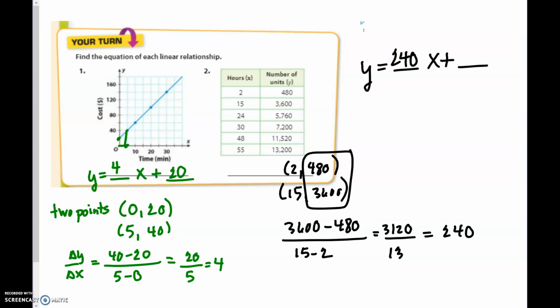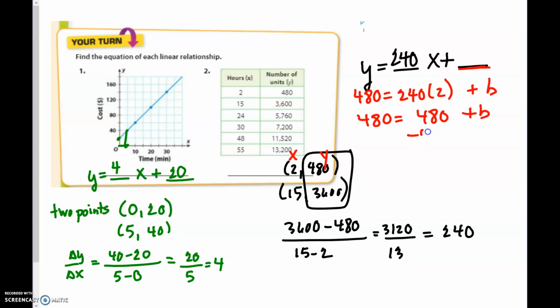But now I need to find my y-intercept over here. So I'm going to use this first ordered pair as x, and this is y. So I'm going to substitute in place of y, 480, and in place of x, I'm going to put a 2, and I'm going to solve for b. So 240 times 2, oh, that is 480, plus b.